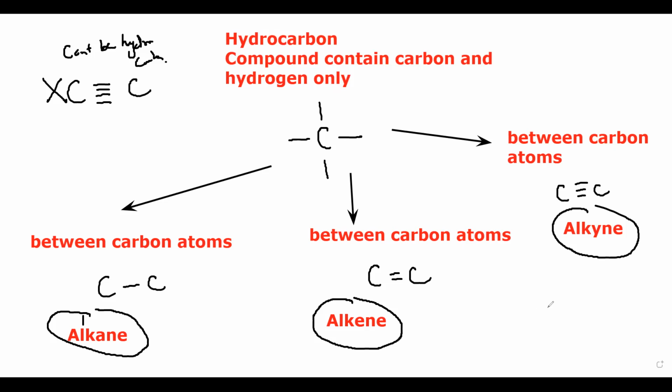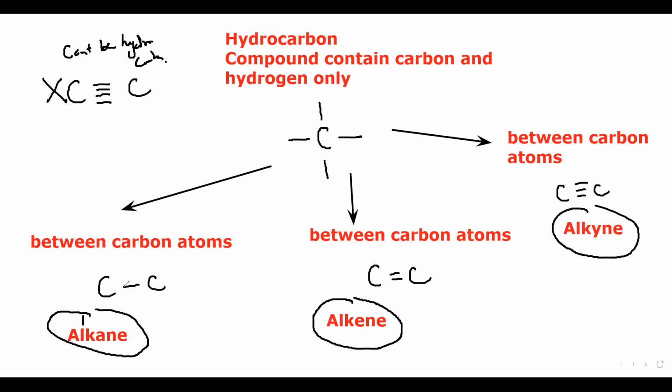So for example, if I draw a structure, I draw three carbon atoms and they have a single bond. Which kind of hydrocarbon will it be? Alkane, alkene, or alkyne? If they have a single bond, which class of hydrocarbon does it belong to? Because there are three classes.